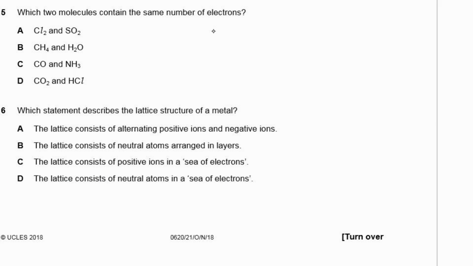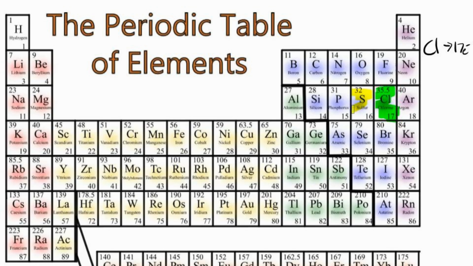So that means Cl2 has 17 times 2, which is 34 electrons. Now we're going to look for SO2. SO2, so S has 16 protons, so 16 electrons, and O has 8 protons, so 8 electrons.